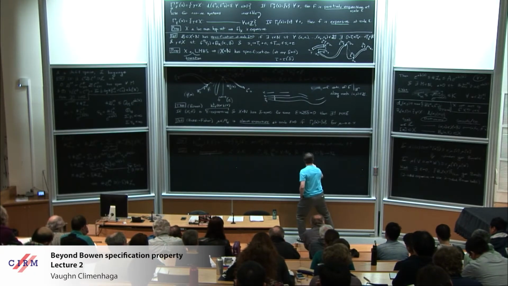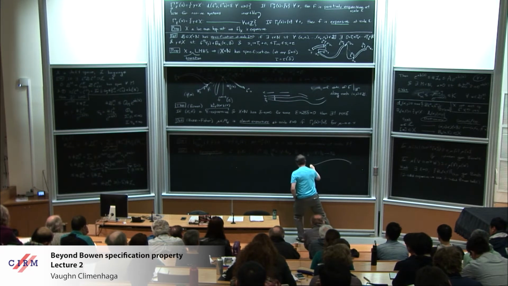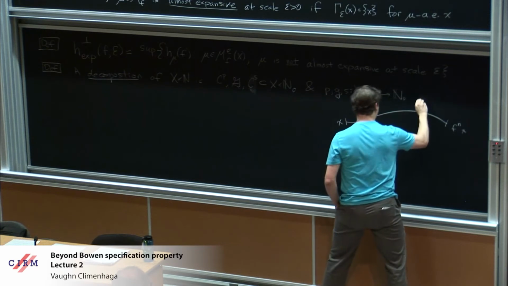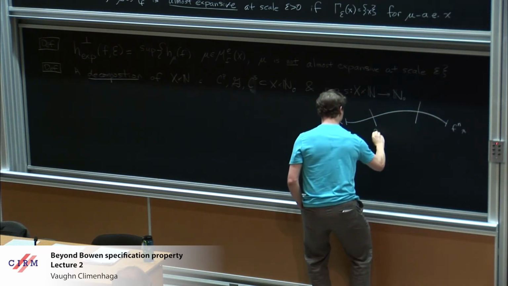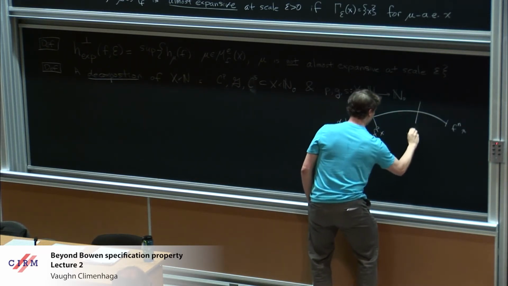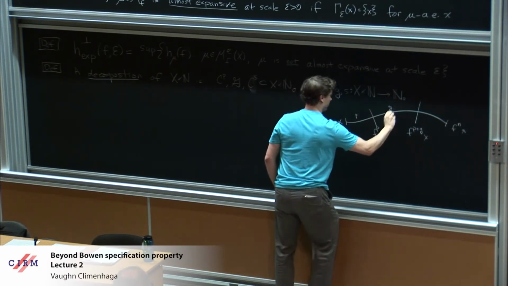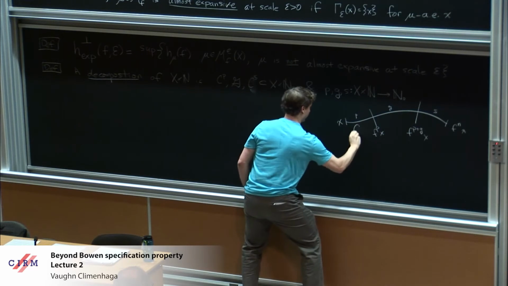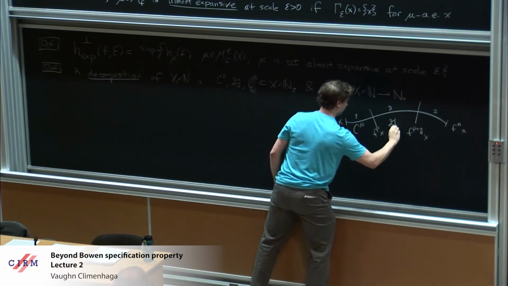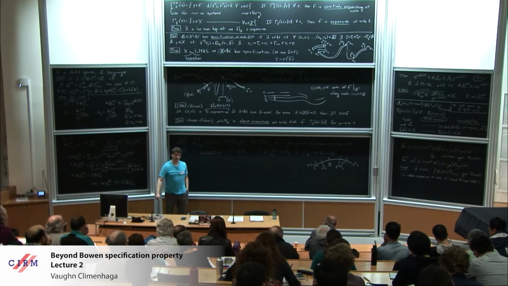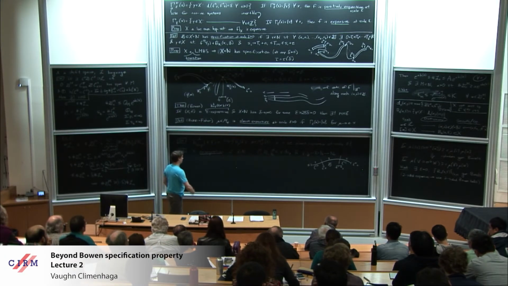The picture is that if you have some orbit segment, you chop it up. This is f^p x, this is f^(p+g) x. So this is length p, this is length g, this is length s, and the first piece of the orbit segment should be in the prefix collection, the last piece should be in the suffix collection, and the middle piece should be in the good guys.